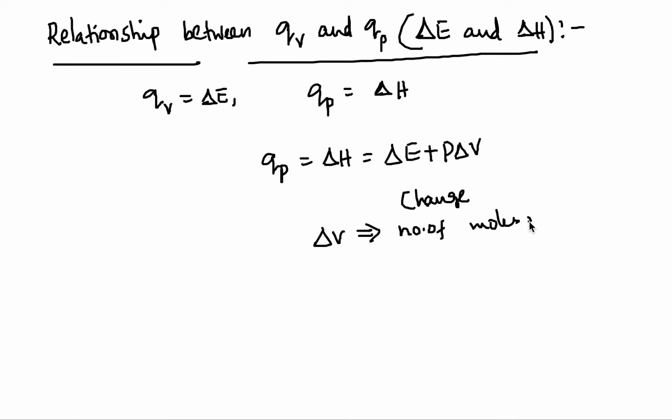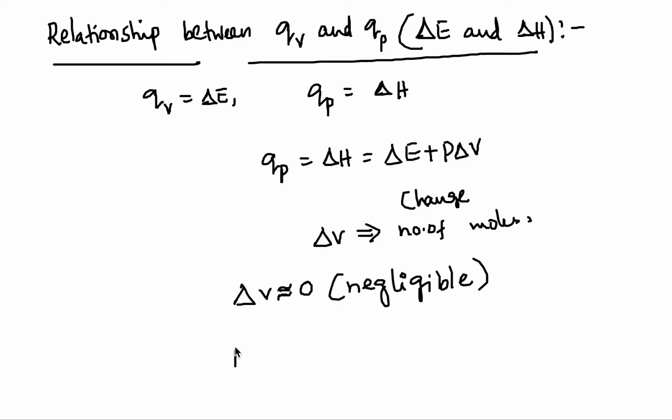For solids and liquids, the change in volume is almost negligible. Therefore, if the reactants and products are both liquids and solids, the delta V, that is the change in volume, is almost zero. But when the reactants and products are gases, the change in number of moles will result in a significant change in volume. Therefore, there will be a significant delta V.